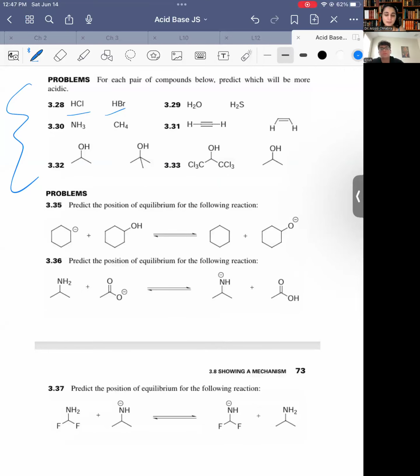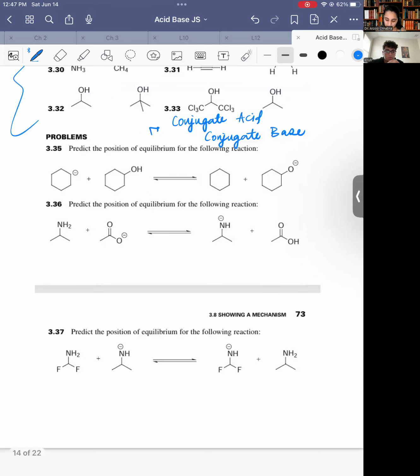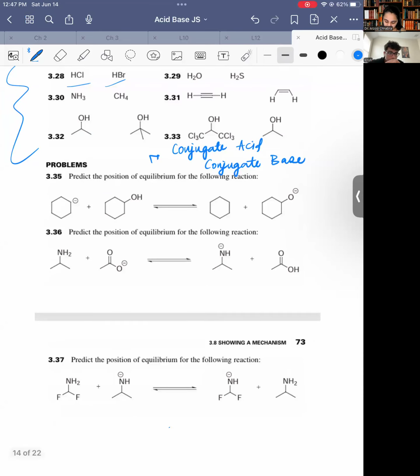Maybe we can add one concept of getting to the conjugate acid and the conjugate base. For mechanisms, like drawing the lines? Not even that, but if you just have NH3, what is the conjugate base of NH3?